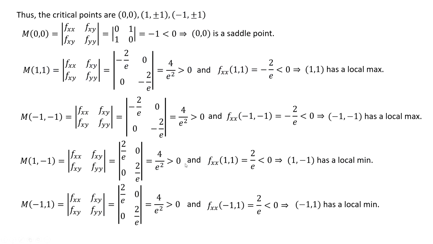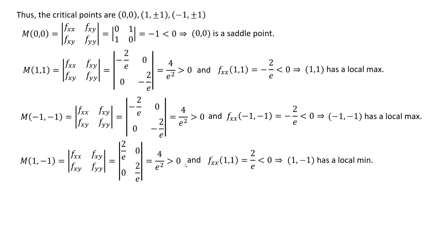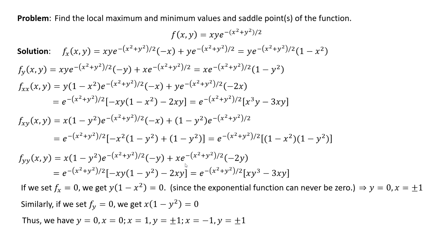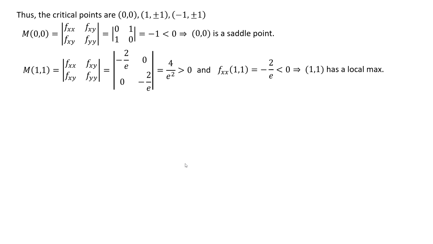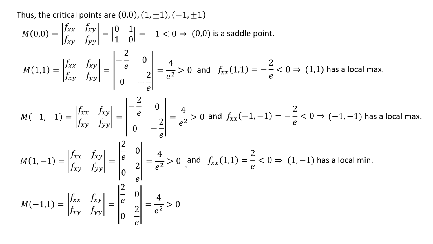Cool. And in fact, that function, when I plotted, what was this function? That big complicated one: xy e to the negative x square plus y square over 2. When I plotted that, this is how it actually looks. There's a saddle point at 0, 0. There's a local max at 1, 1 and negative 1, negative 1.